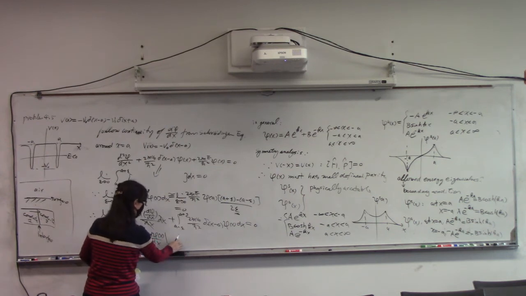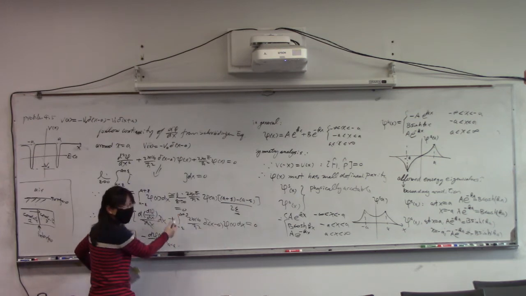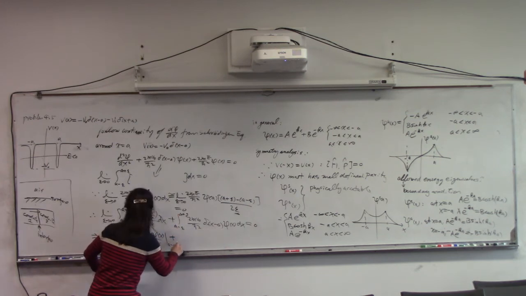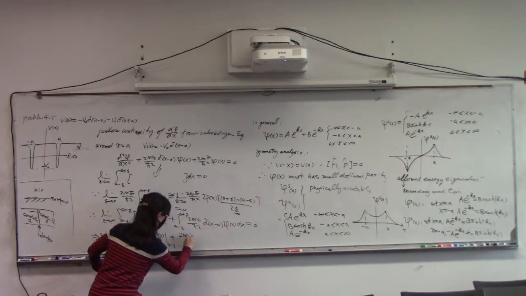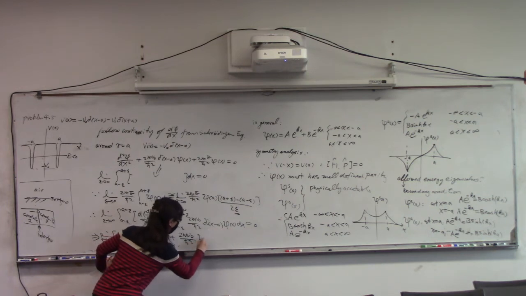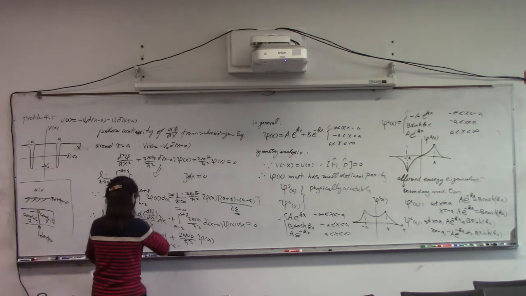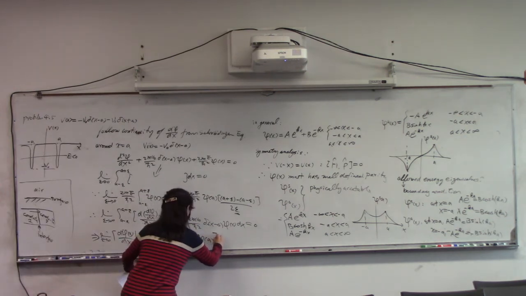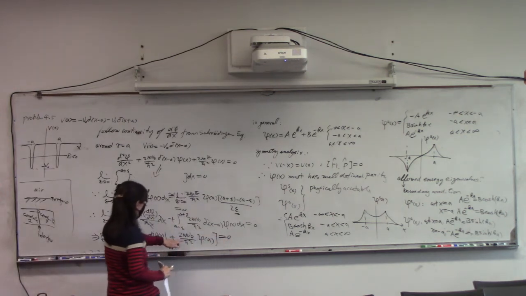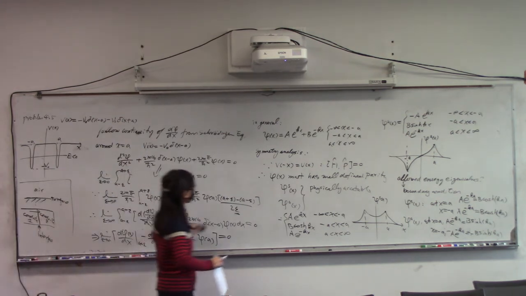Now for the second term, since it is a delta function and a lies within this range, that is 2m alpha over h bar squared times the function itself at a, and that equals 0. The second term does not depend on epsilon, so I can move it to the right hand side.